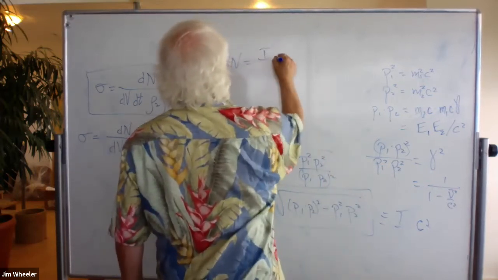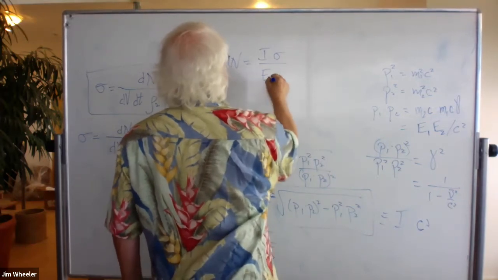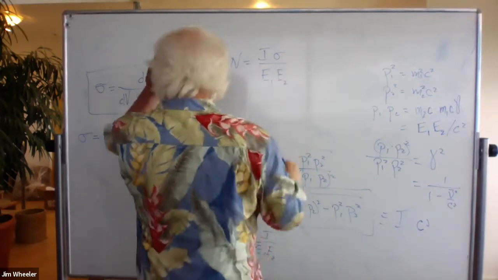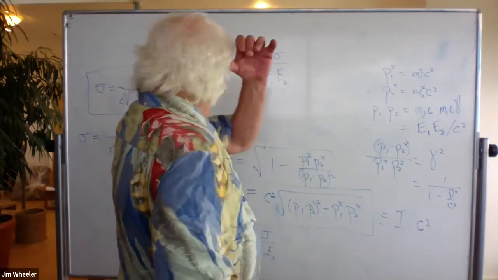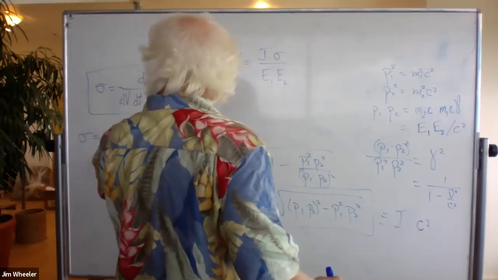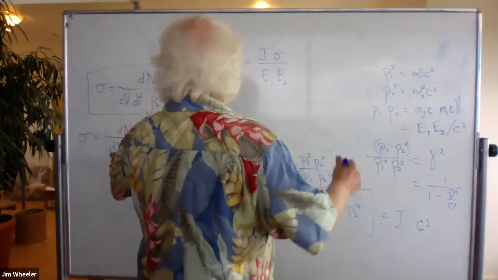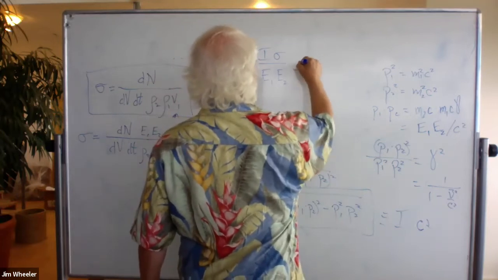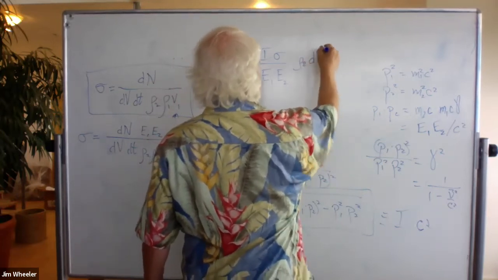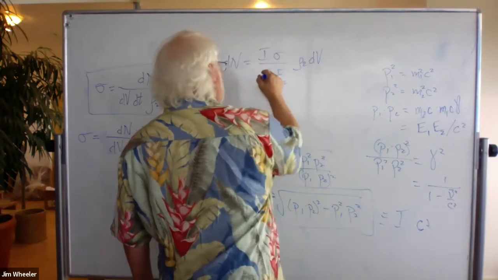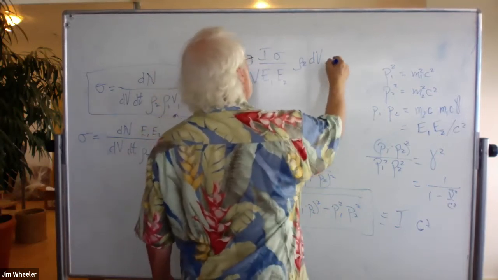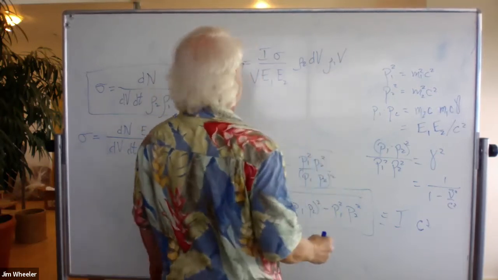So we have I, we have sigma, we have E1, we have E2. And now, what else? dV, dt. So we have our rho 2 dV. I'm going to put a volume down here and a rho 1 v up there.